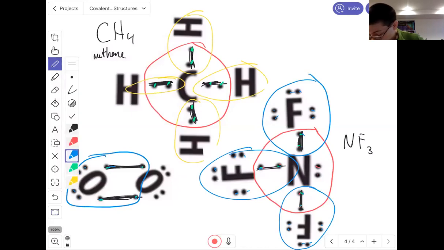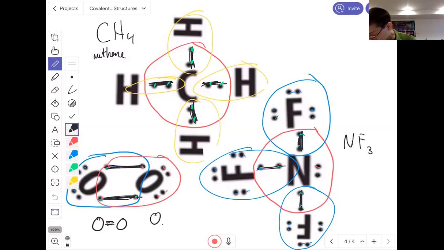And the oxygen on the right gets to count all of those. 1, 2, 3, 4, 5, 6, 7, 8. And this guy is written as, it's a double bond, right? This is O2. And this represents a double bond.